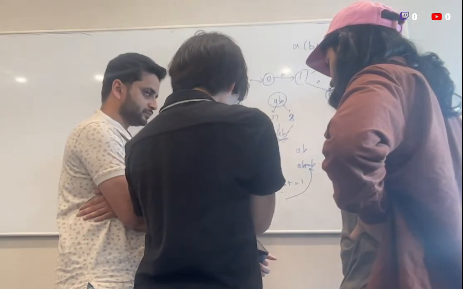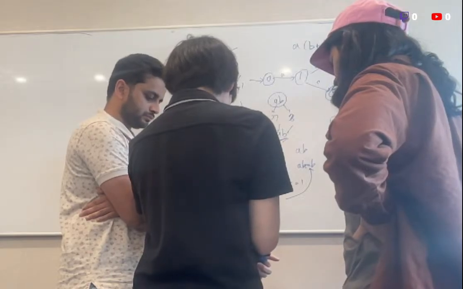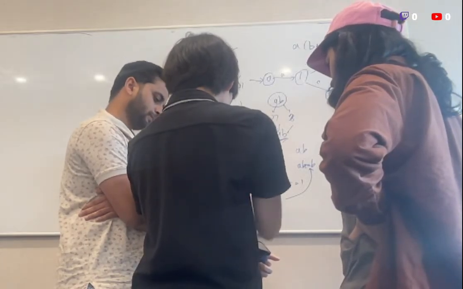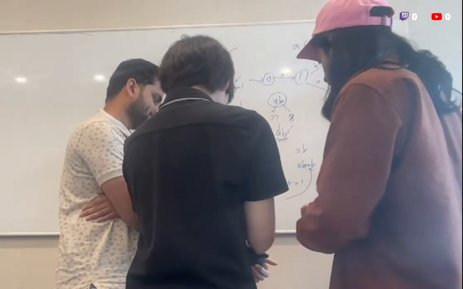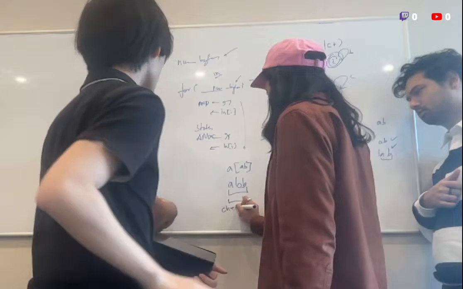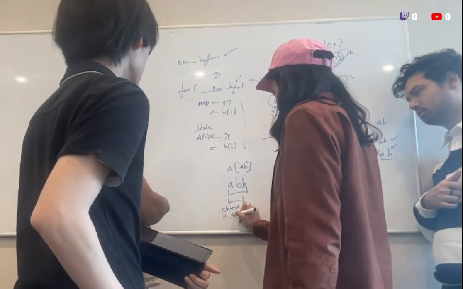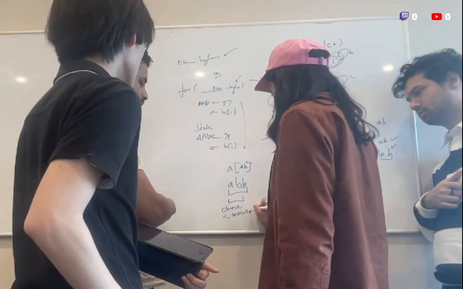I'm not sure, so I have to check the value for this regex. But I think it's a bug related to this. Okay, yeah, that makes sense. I probably agree with that.